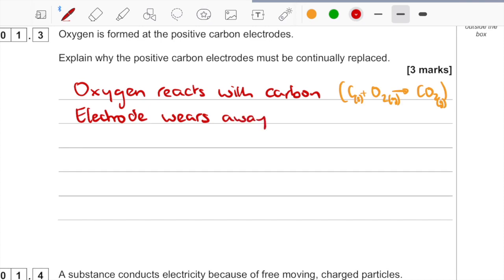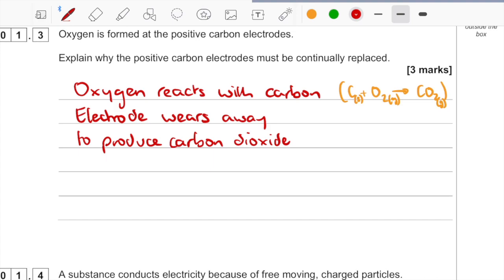And what we haven't actually said in our answer yet, although I've thought about it, is that the electrode wears away because it's producing carbon dioxide. So this is a particular feature of electrolysis where we're extracting aluminium.